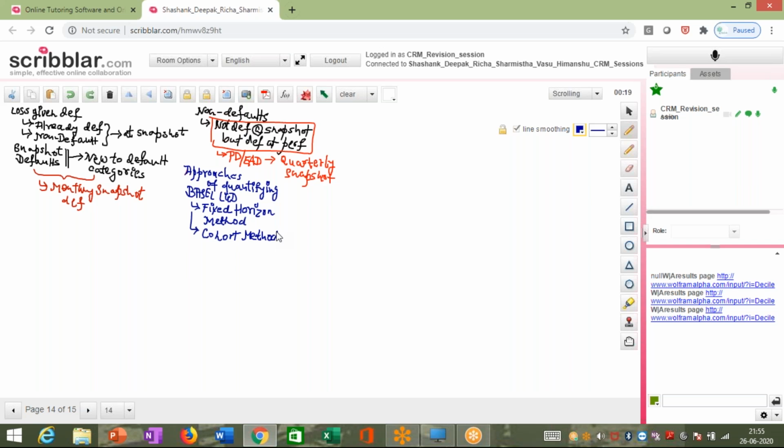Now, this recovery performance period is not a fixed period. It has to be identified through cumulative recovery analysis.